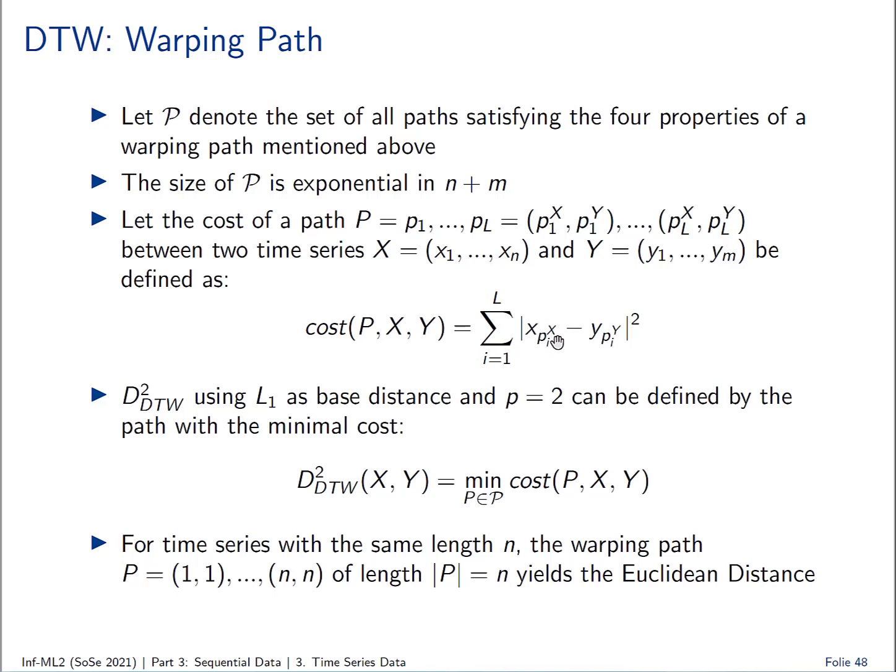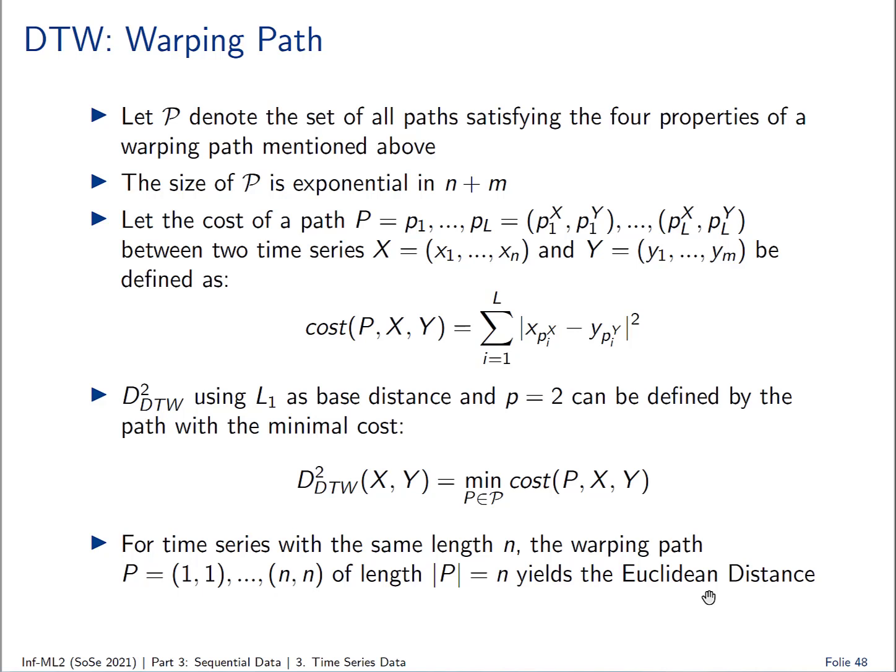In that case, we would have as the cost of this path the comparison of the first element in x with the first element in y, the second element in x with the second element in y, and so on, and the nth element in x with the nth element in y. If you sum all that up, you will obviously get the Euclidean distance. So that is the special case.